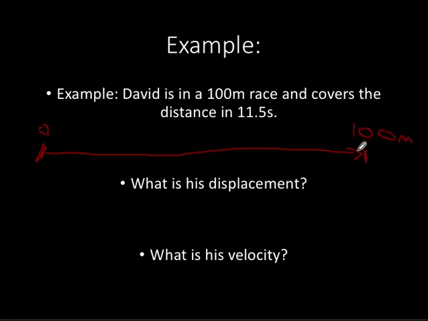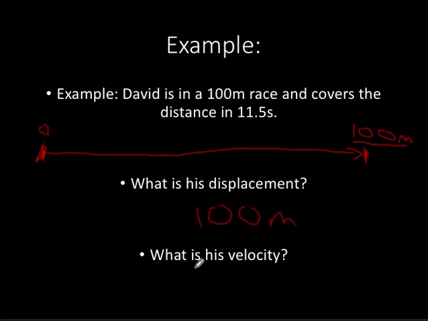And if David was to walk back to the starting line, then his displacement would return to 0 meters. But in this question, David has just sprinted from the starting line to the finish line, which is 100 meters away, and so therefore David's displacement will be 100 meters.